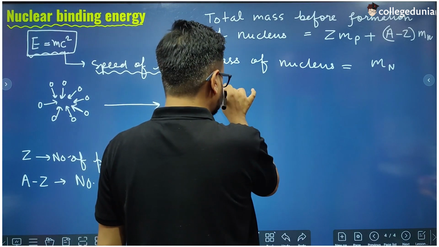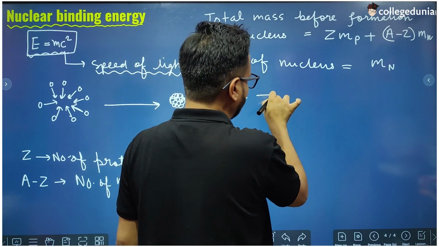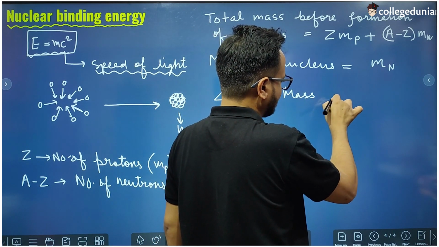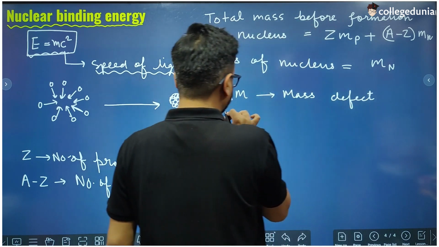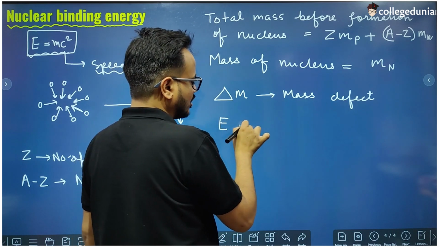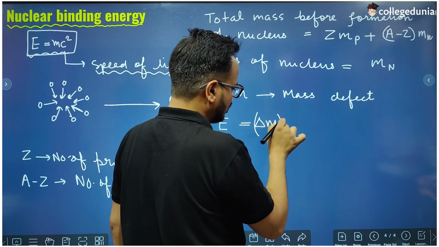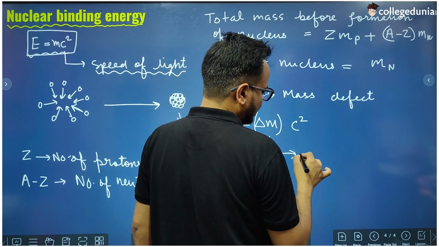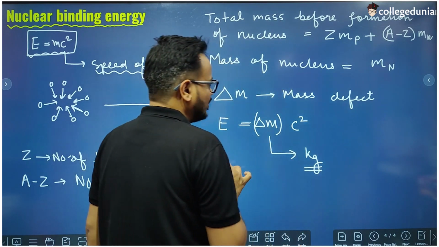The mass which is destroyed is represented by delta M, and we call it mass defect. So the energy released is delta M into c square, but you have to convert this mass into kg.